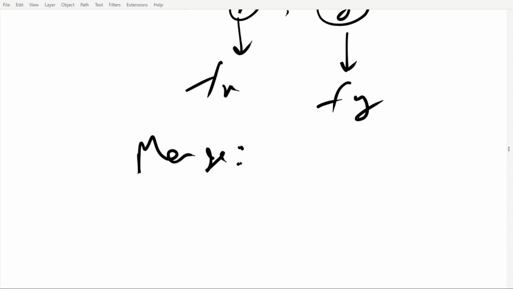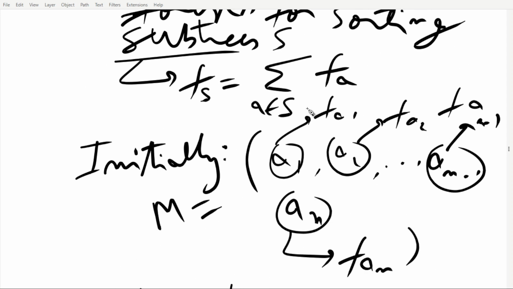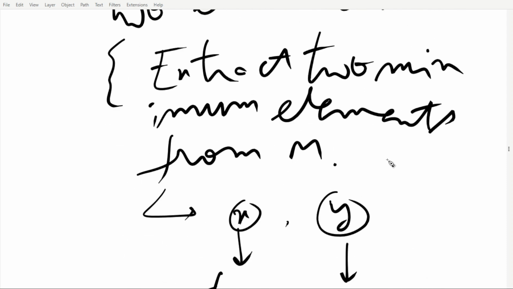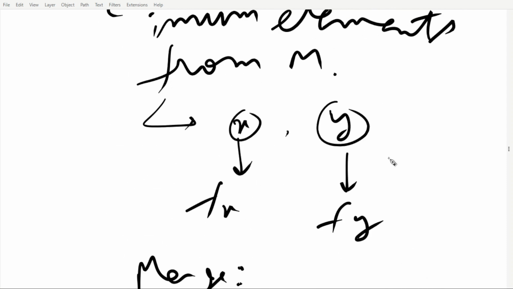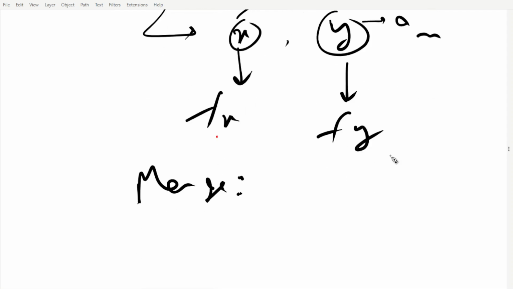So initially, according to our convention that these are sorted, x will be AN minus 1 and y will be AN, having frequencies, just to give an example, FAN minus 1 and FAN.